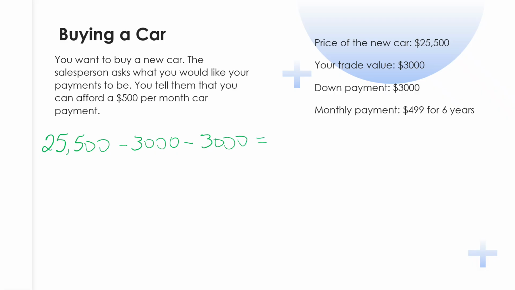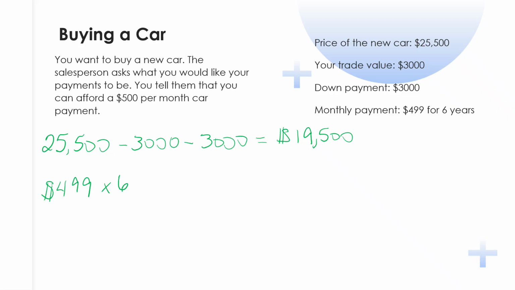So 25,500 minus 3,000 minus 3,000 gives you 19,500. Well, that's wonderful. Okay. You're getting a really great deal on this car, it looks like, and you're going to be making these $499 payments for 6 years.